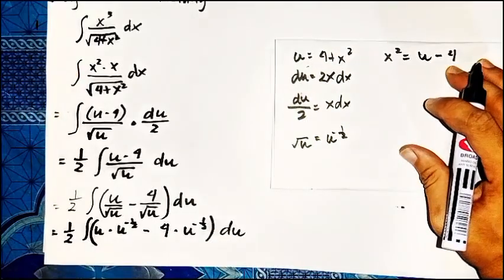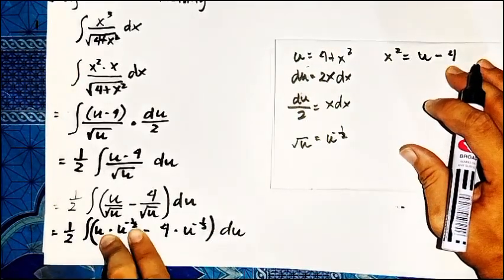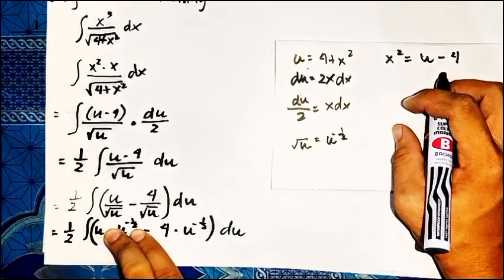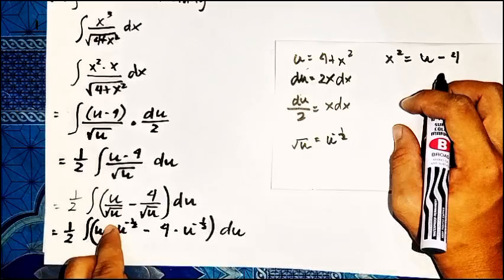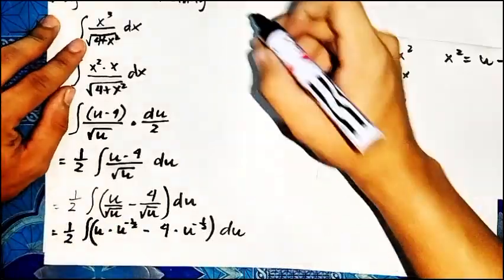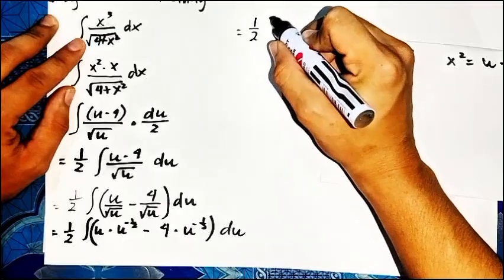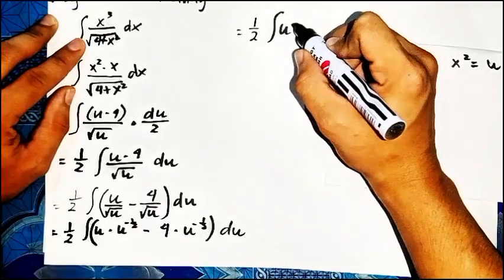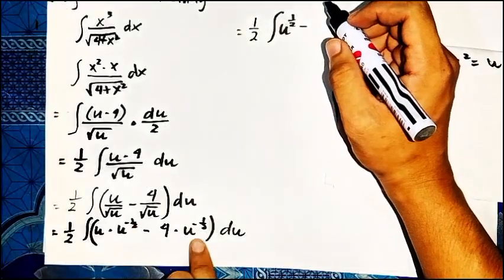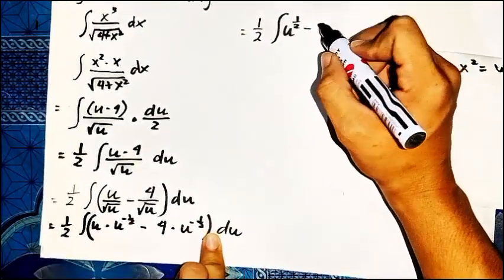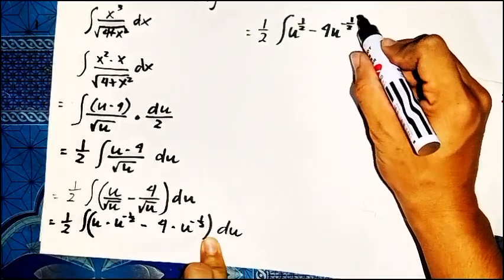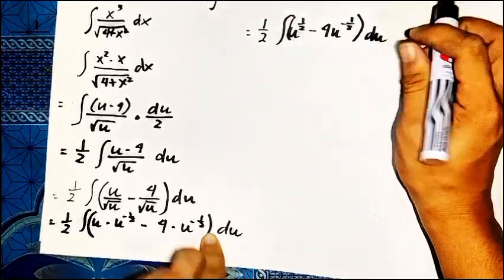Now, since it has a common base, we add the exponents. Since u has an exponent of 1, 1 plus negative 1/2 is 1/2. So we have 1/2 integral of u to the power of 1/2 minus 4 times u to the power of negative 1/2. Don't forget the du.